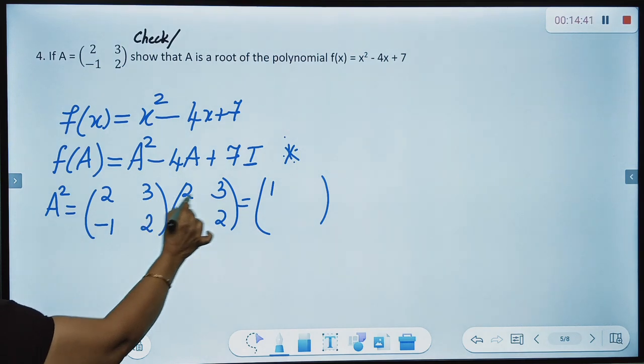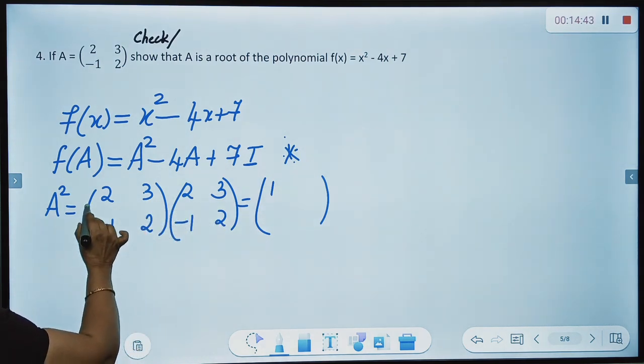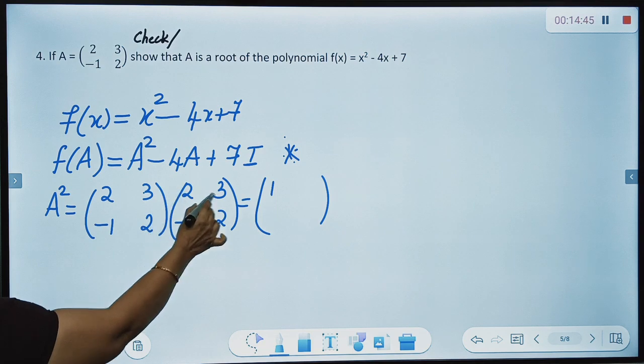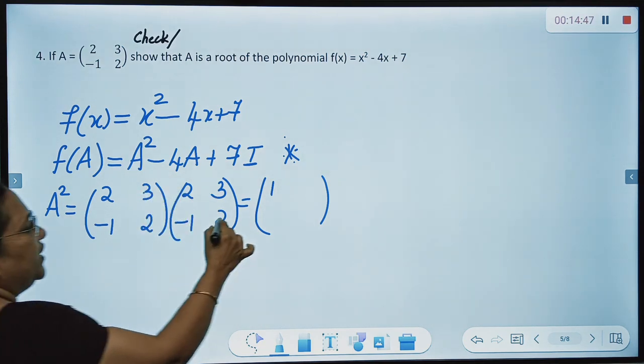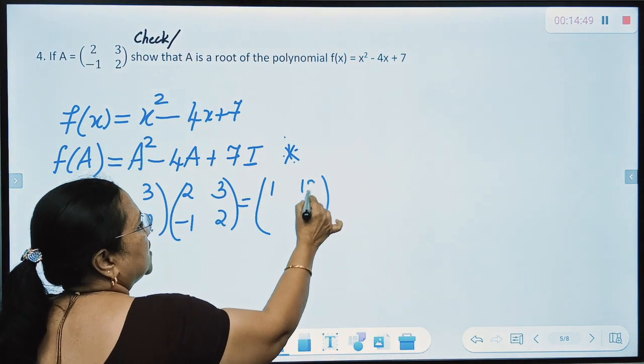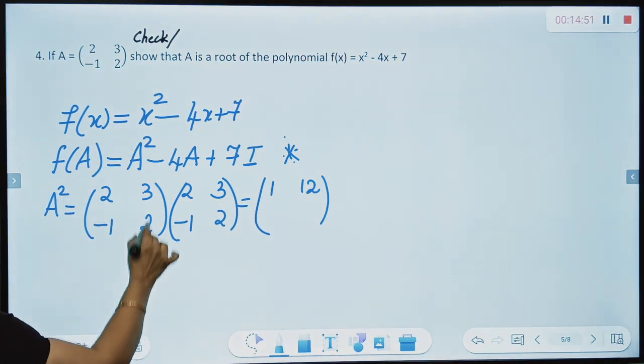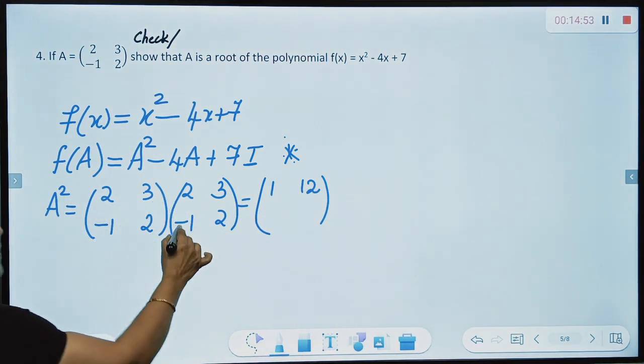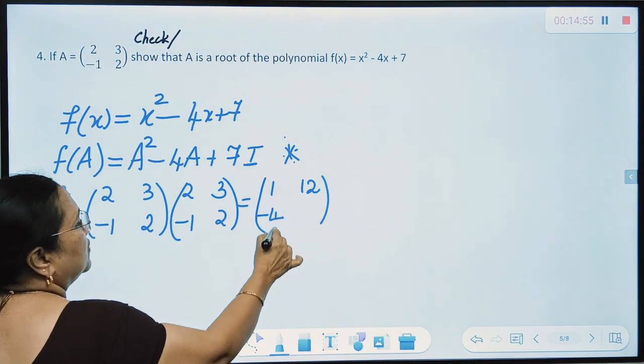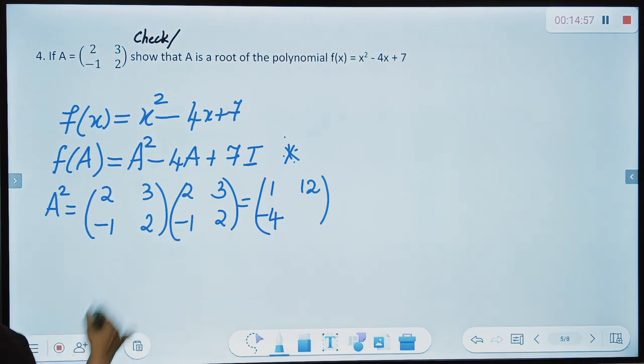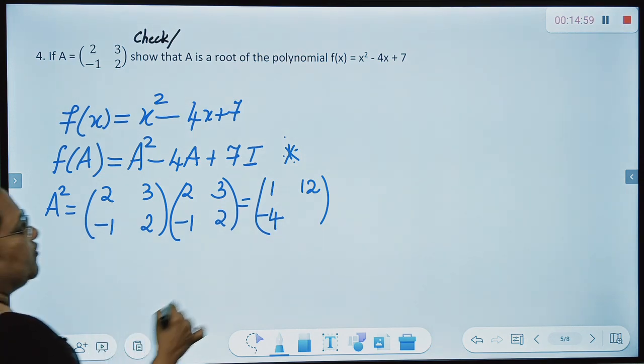Then first row, second column, you will have what? 2 into 3, 6, plus 3 into 2, 6, 6 plus 6, 12. Second row, first column, minus 2, minus 2, minus 4. Second row, second column, minus 3, plus 4, which is 1.